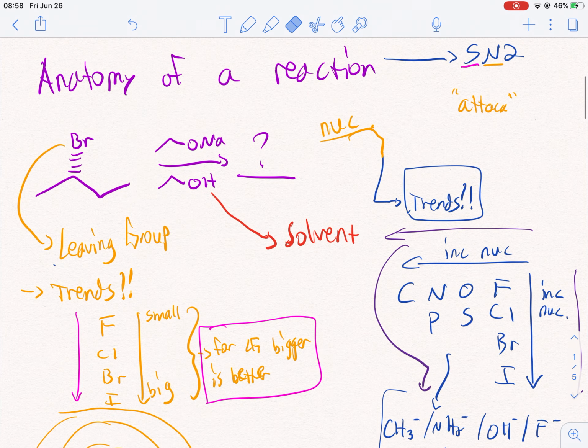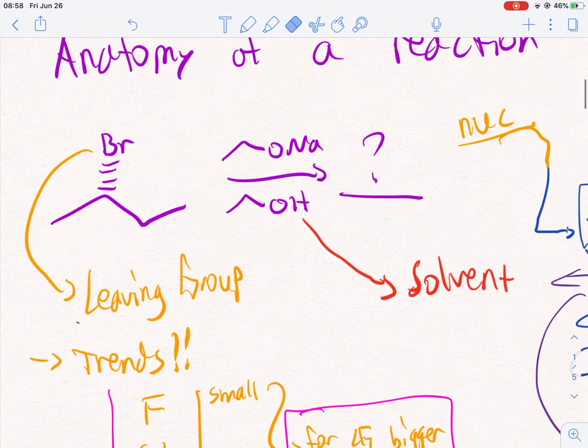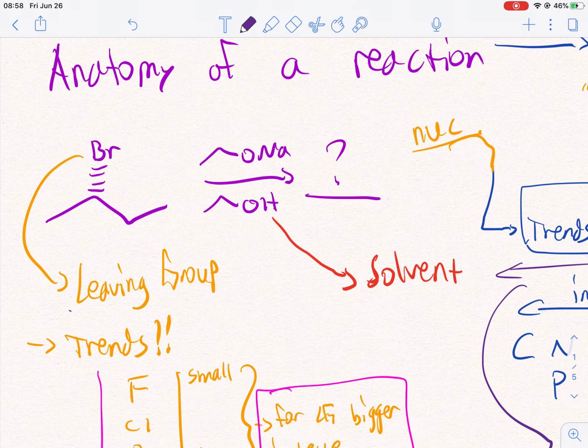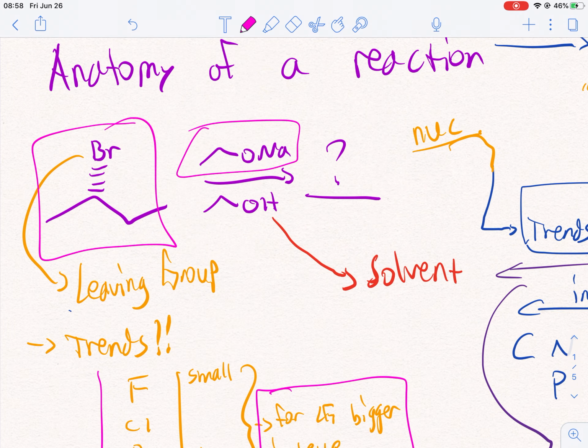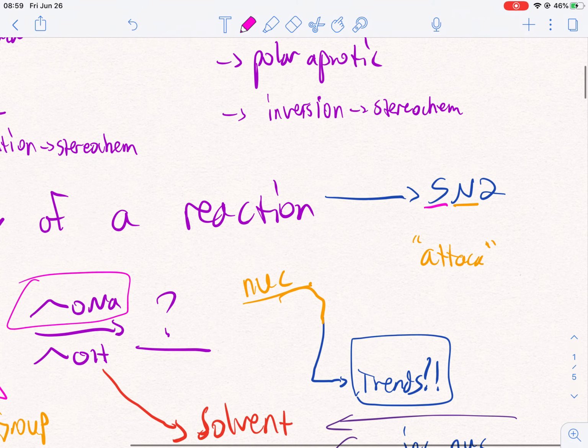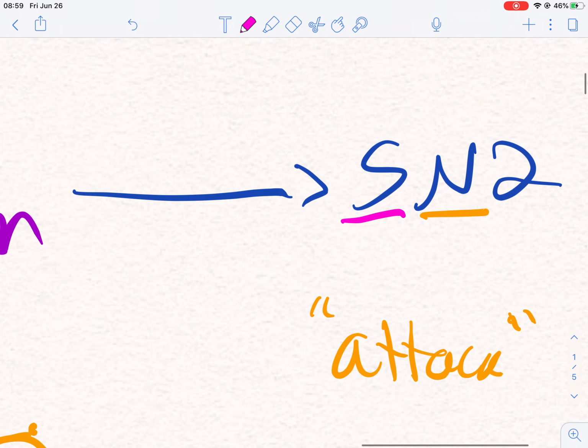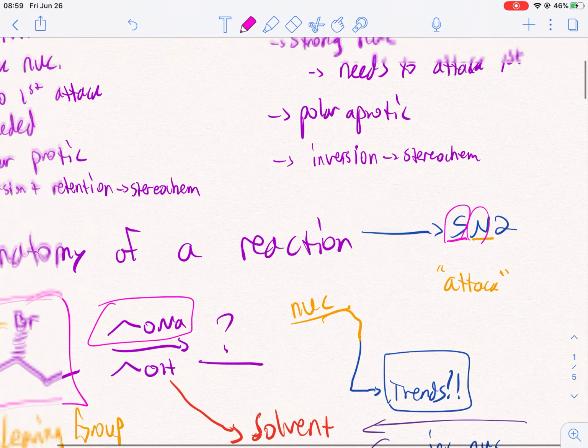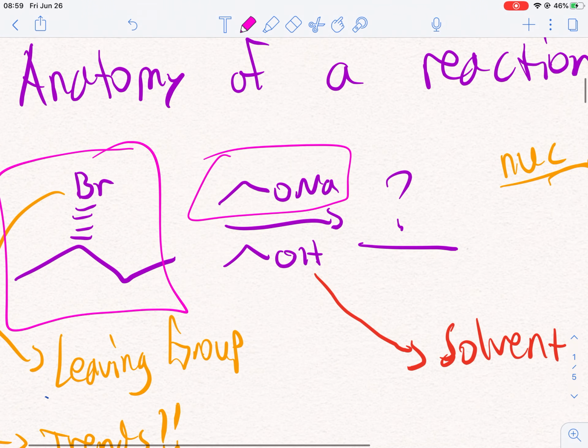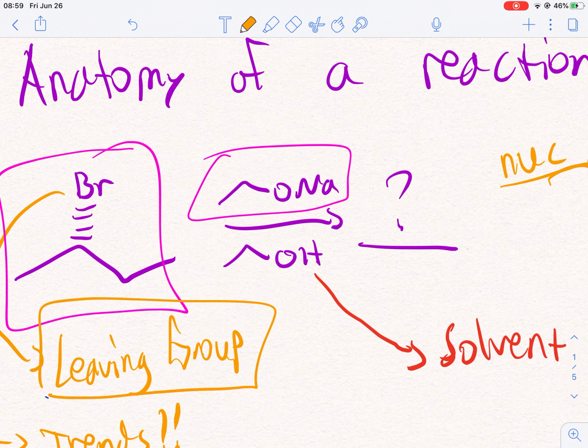So SN2 reactions so far, we have a substrate and a nucleophile, which is what these were right over here. Substrate, nucleophile, okay? And the substrate holds what is called our leaving group. And that leaving group is going to have a lot to do with this reaction. Okay, and then we have a nucleophile.